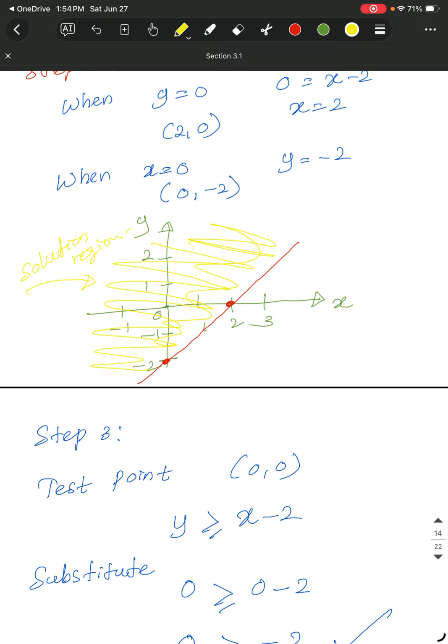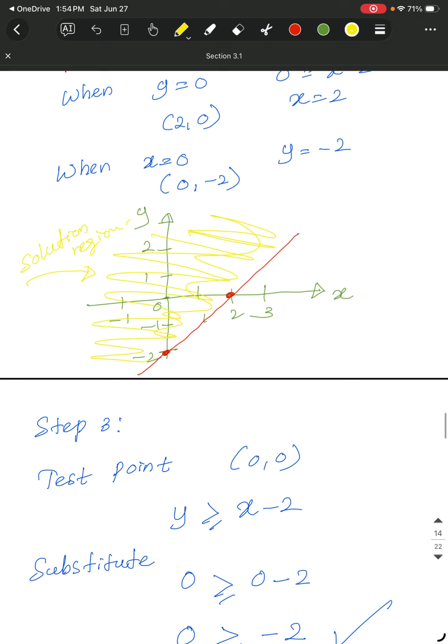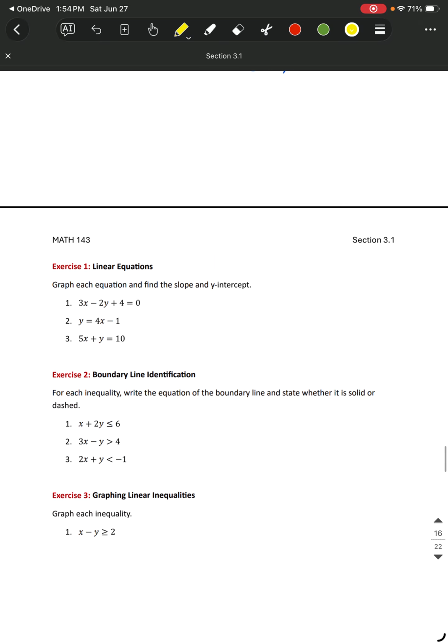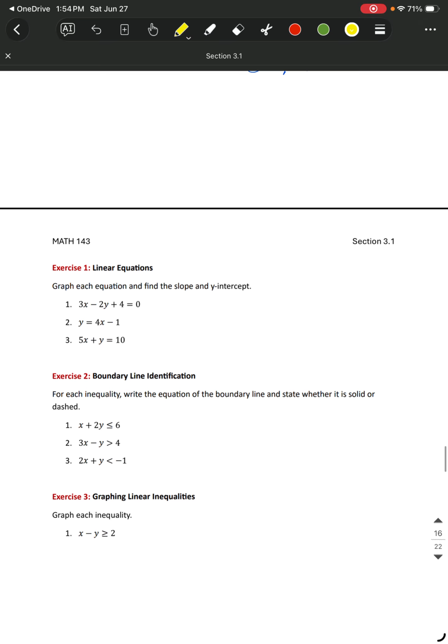Right? I hope everything is clear so far. Then you can see the exercises here. Pause the video and do the exercises by yourself, and afterward check the answers.